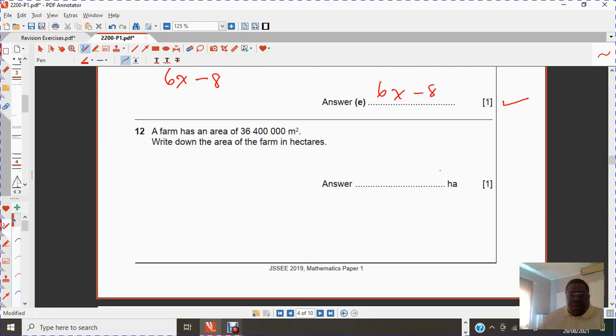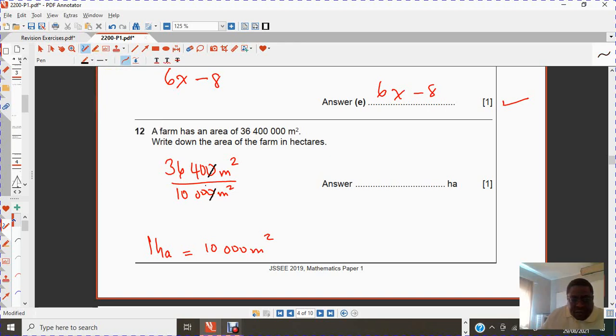When you look at question 12, this is one thing I want you to remember: 1 hectare is nothing but 10,000 square meters. So when you're supposed to write this in hectares, you take 36,400 square meters and divide it by 10,000 square meters. There are many ways you can do this.